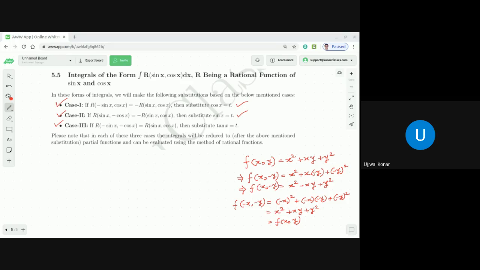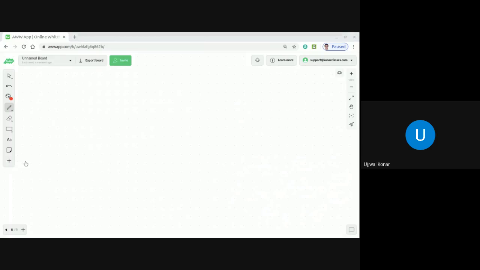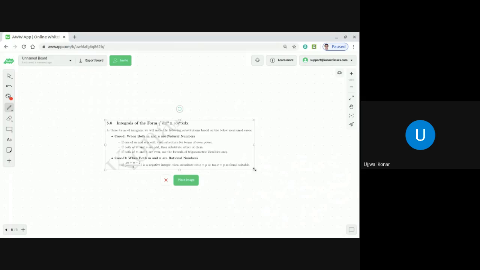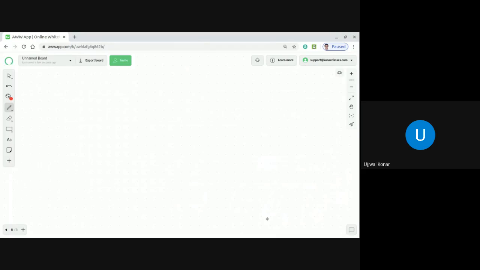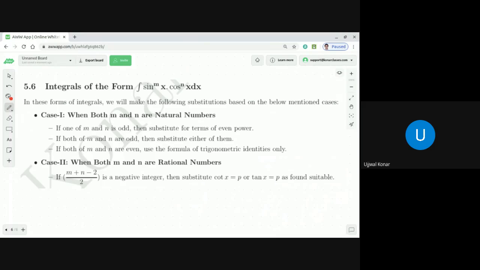The next form is a form of sin to the power mx into cos to the power nx dx. So as you see, dear students, if you get an integration in the form of sin to the power mx into cos to the power nx dx, in this form of integrals, we will make the following substitution based on the below mentioned cases.